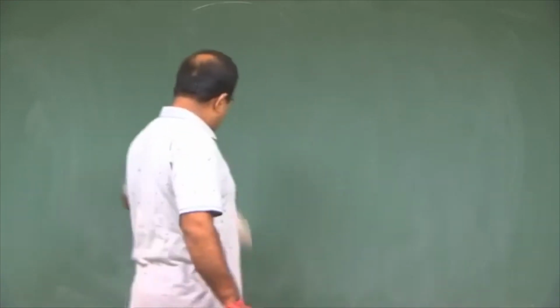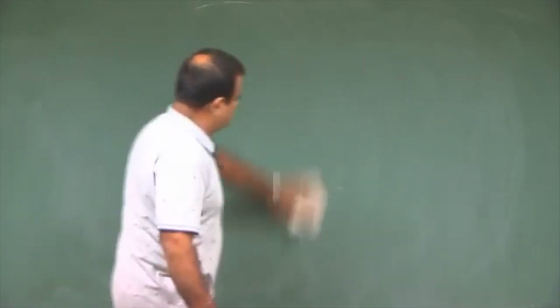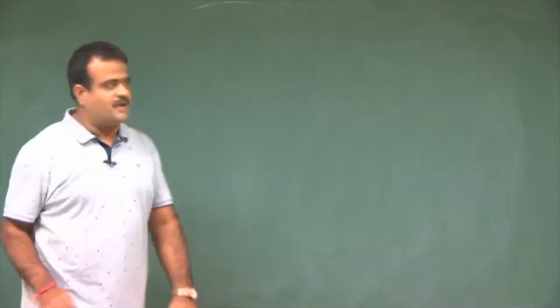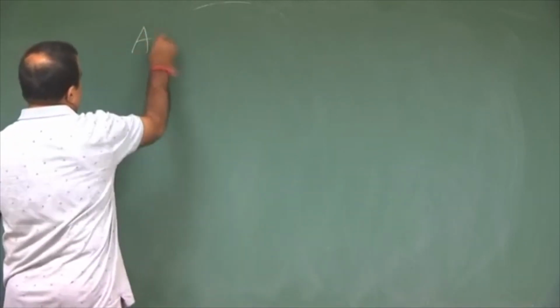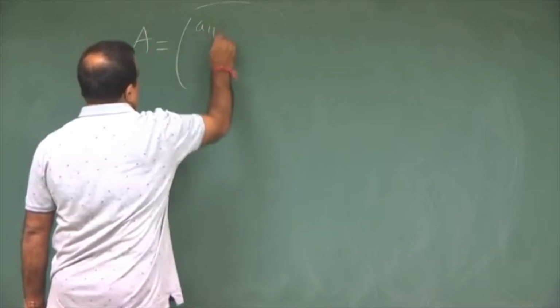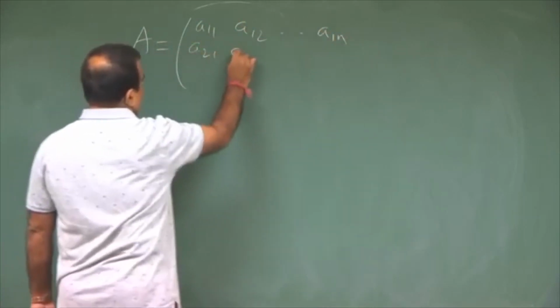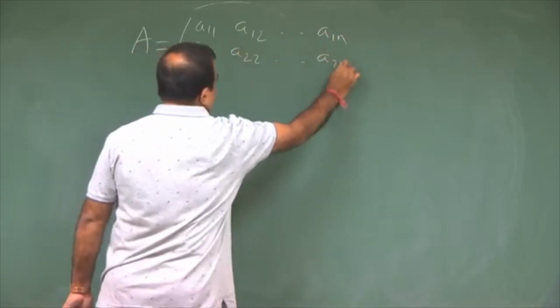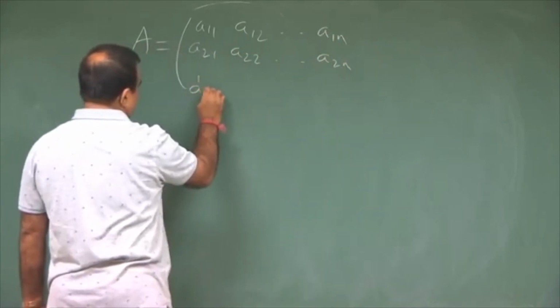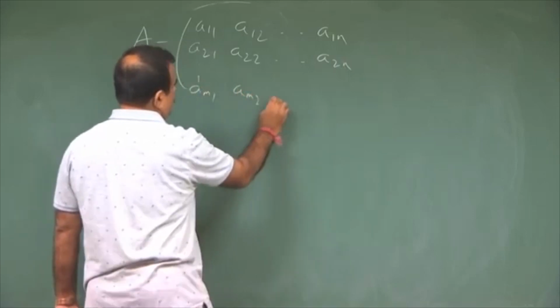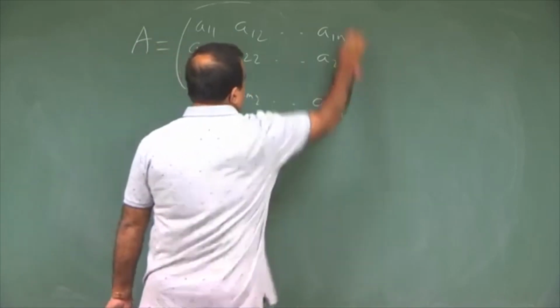Now, we define the column space of a matrix and the column rank of a matrix. So, again suppose we have a matrix like this, A 2 1, A 2 2, A 2 n, dot dot dot, A m 1, A m 2, A m n.